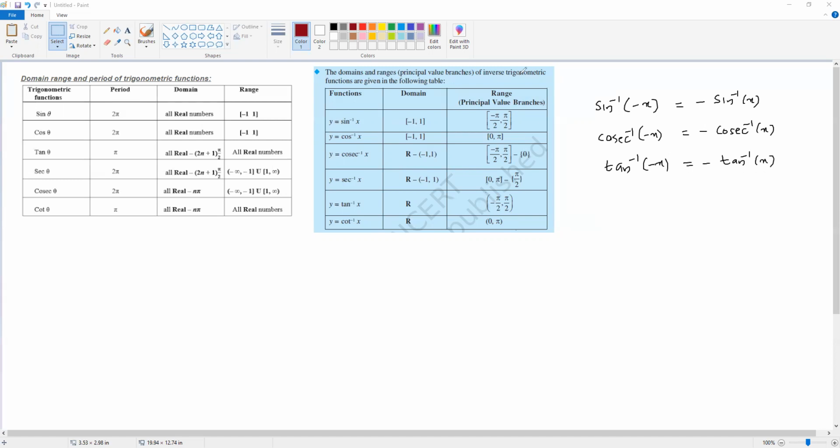For the other three, जैसे cos inverse minus x, it is pi minus cos inverse x.